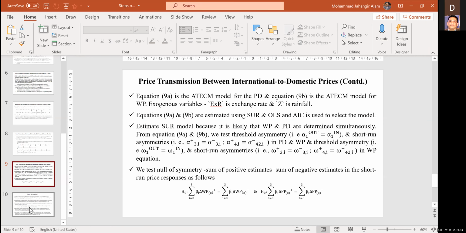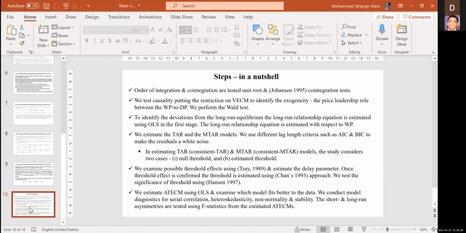So I didn't find any other way to make it simpler, but these are actually the steps in a nutshell. I tried to show the equations and the different tests, but you just go: this is the order of integration, and then test the causality using the vector error correction model, or you can use Engle-Granger, just simple OLS.